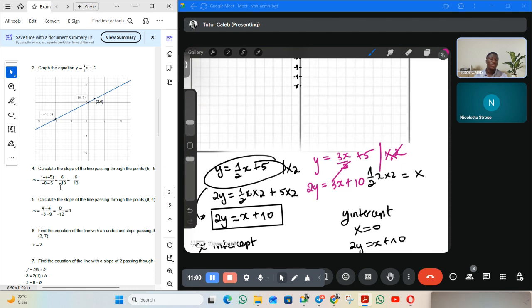Or if you find it complicated to understand, you can say 3 divided by 2. Put it on your calculator. 3 divided by 2. Then you multiply it by 2. And you said we multiply it by what?